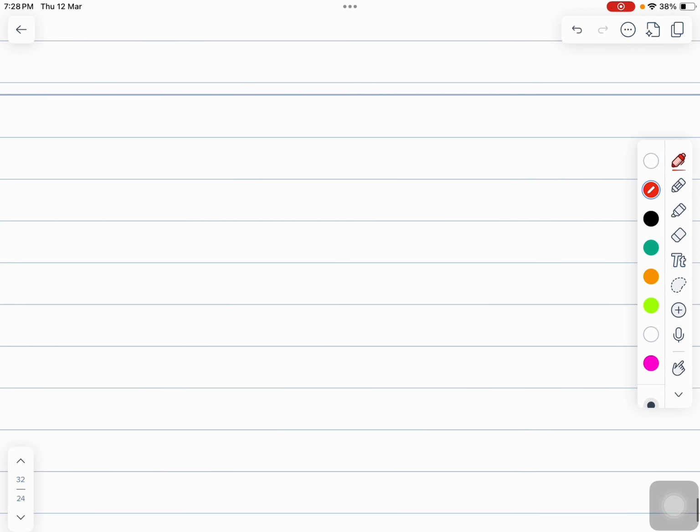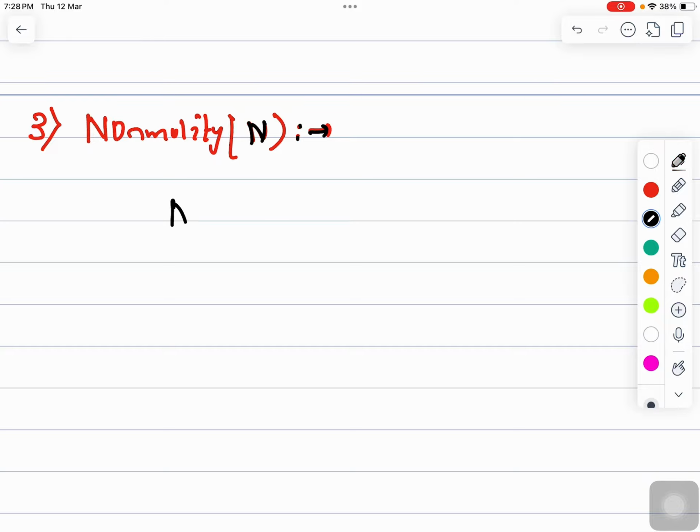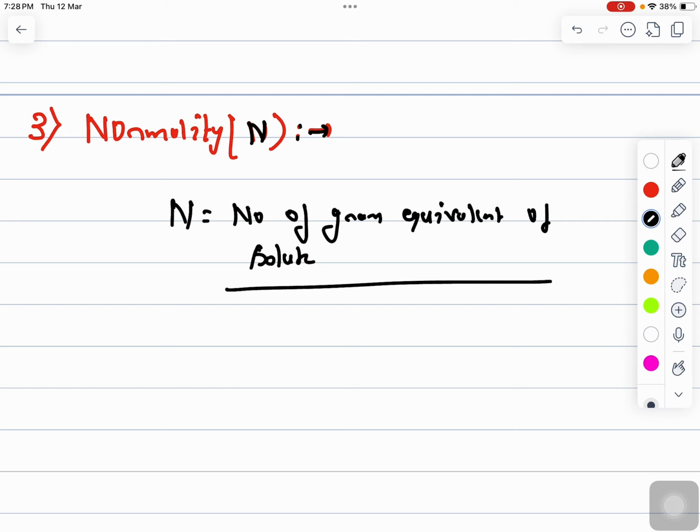Now, the third concentration definition that I can tell you here is normality. I'll denote it as capital N. The definition of normality is similar to molarity, but let's see how we can define it. That is equal to the number of gram equivalents of solute divided by volume of solution in liter.